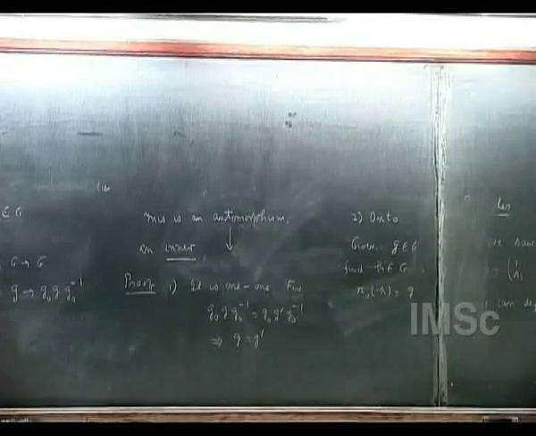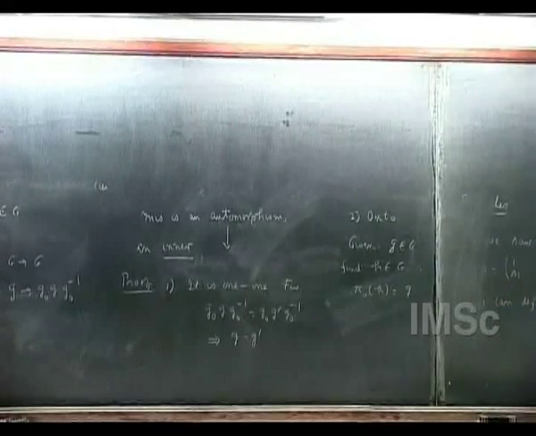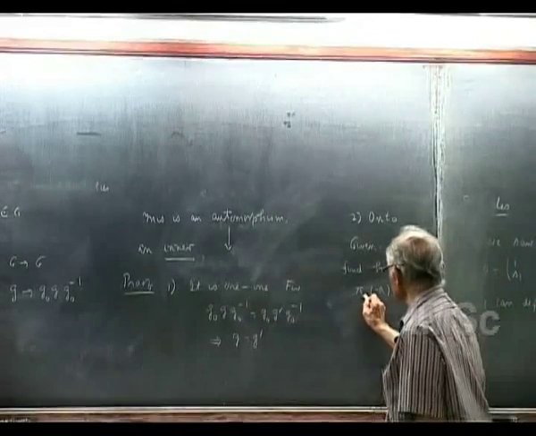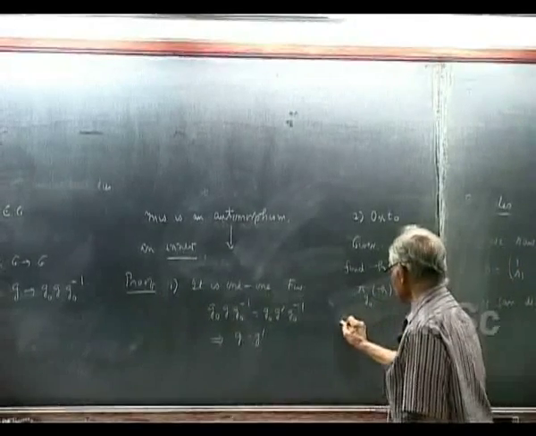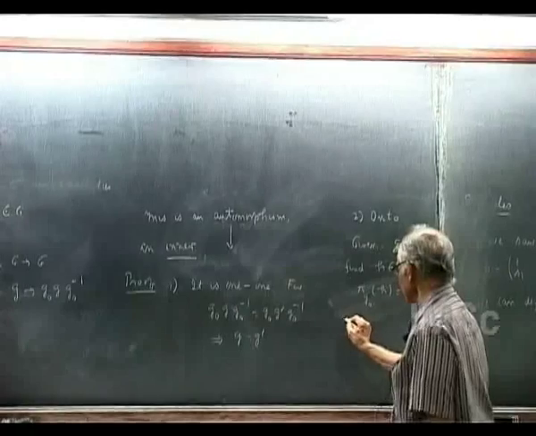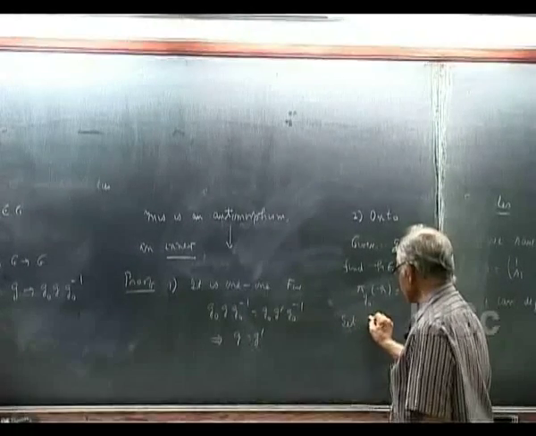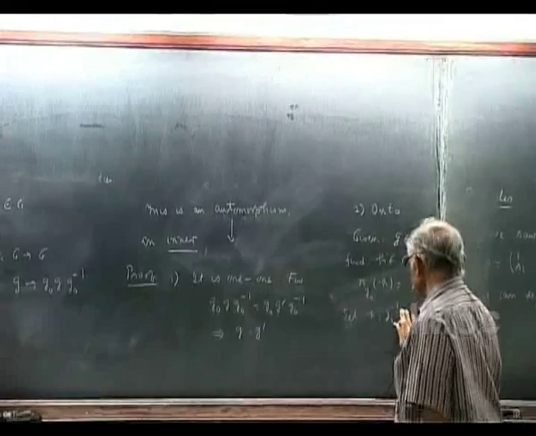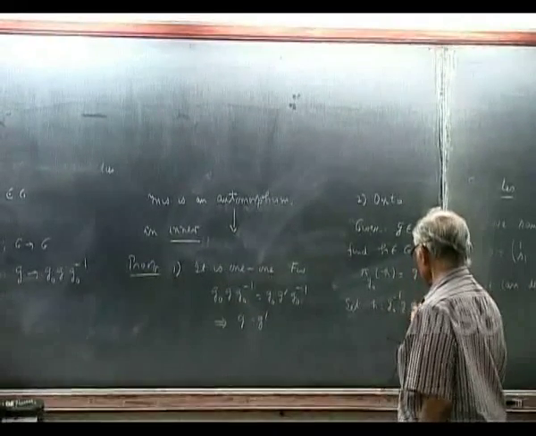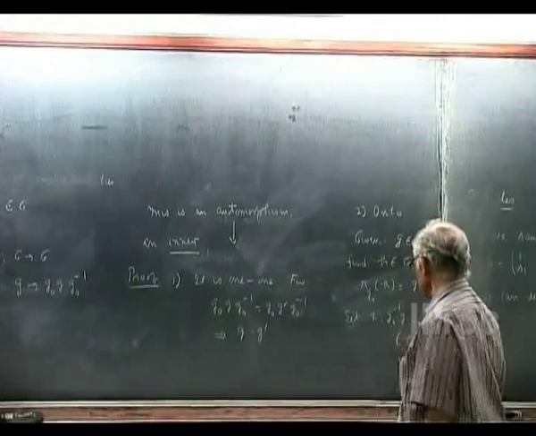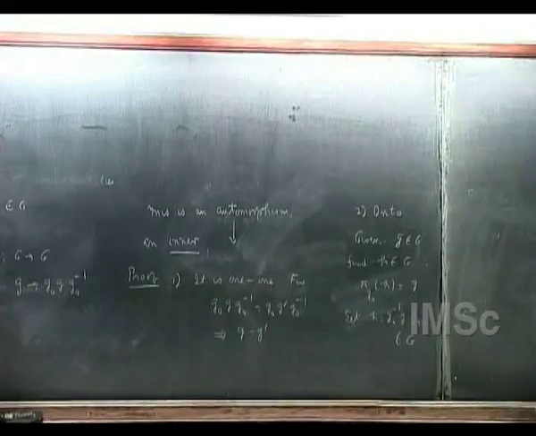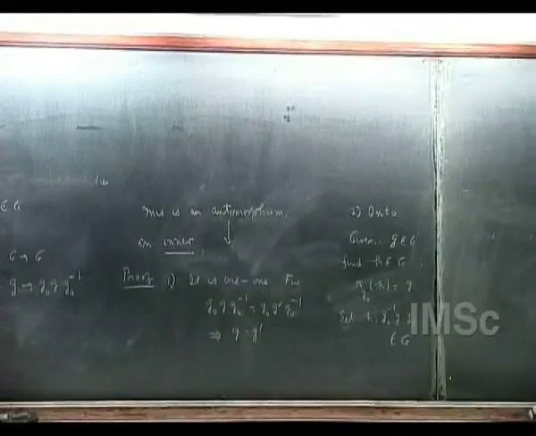Onto. So what is H? Exactly, nice. Set H as G0 inverse G G0. This is certainly in G. Right? So it's no big deal.